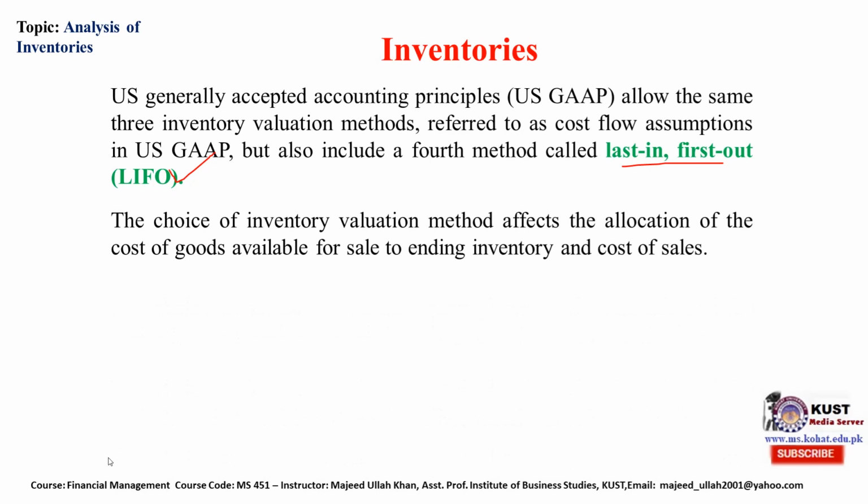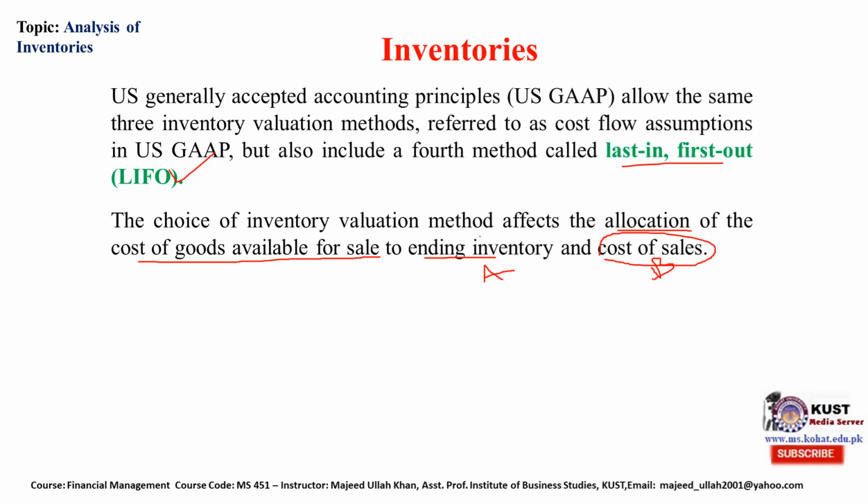Now, the choice of inventory valuation method affects allocation of cost of goods available for sale to ending inventory and cost of sale. As I told you earlier, the cost of goods available for sale is allocated to these two heads: ending inventory and cost of sold, cost of sale or cost of goods sold.